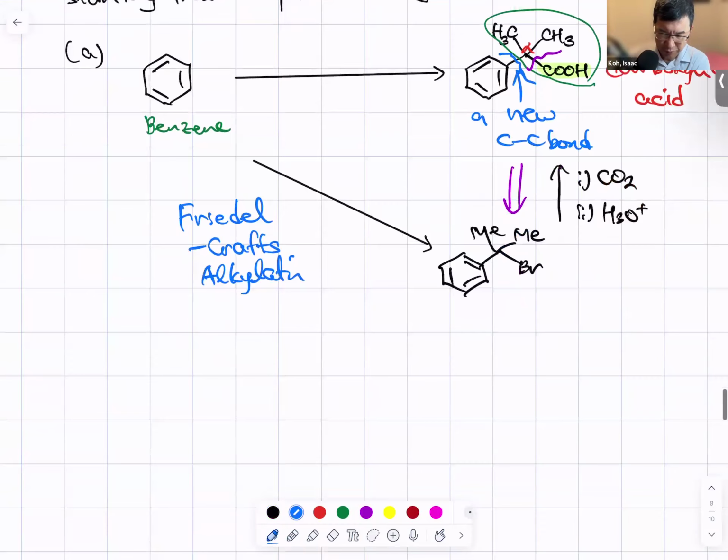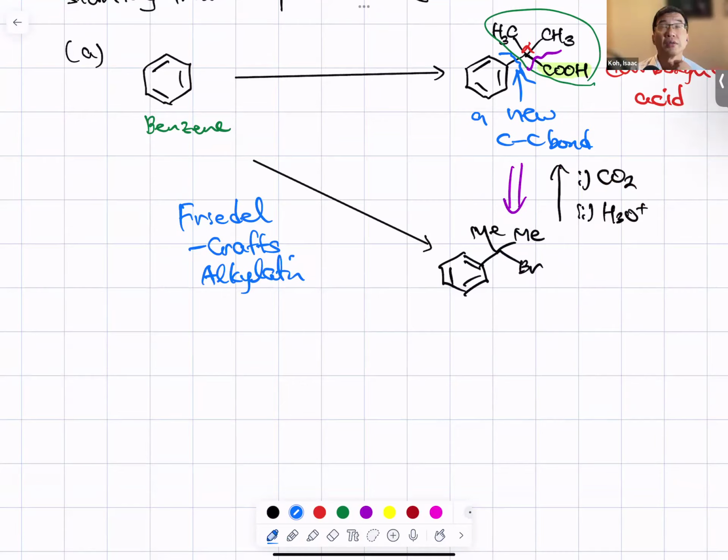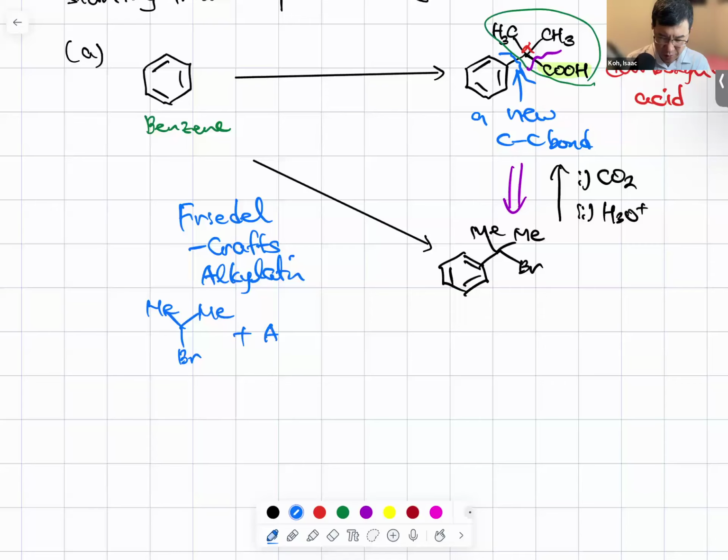First, let's treat this with methyl bromide plus aluminum bromide catalyst.